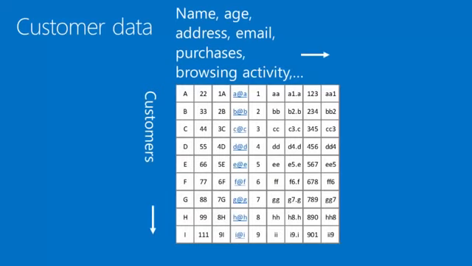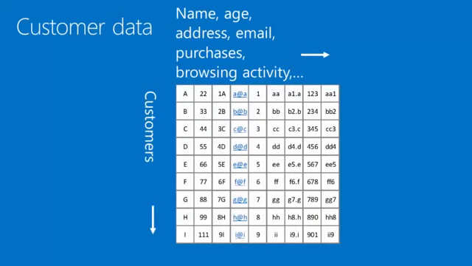Each row is a separate customer, and each column is a separate piece of information about that customer, such as their name, their address, what they bought, and what websites they visited. This doesn't look much like a picture. I can rearrange those columns and rearrange those rows, and this still means the same thing. It's still equally easy to interpret.